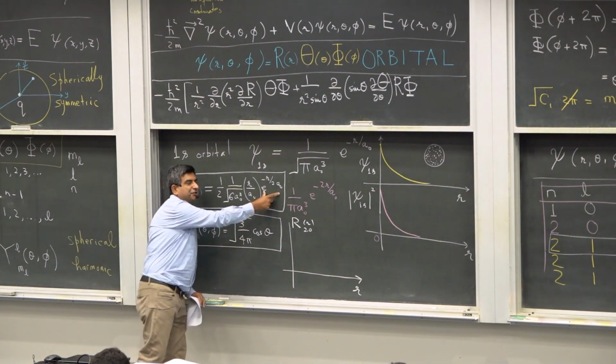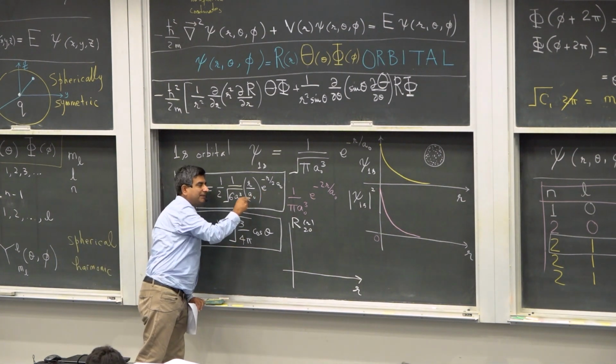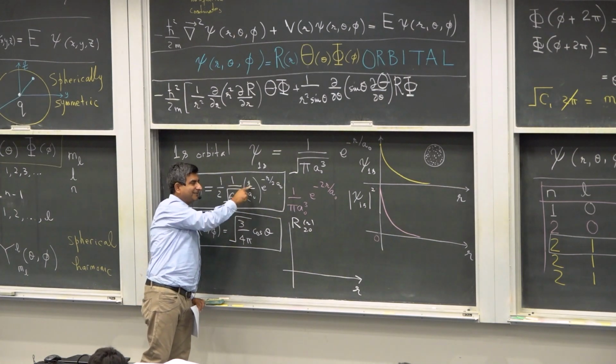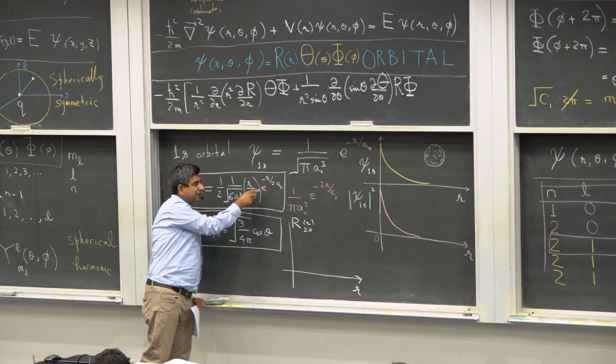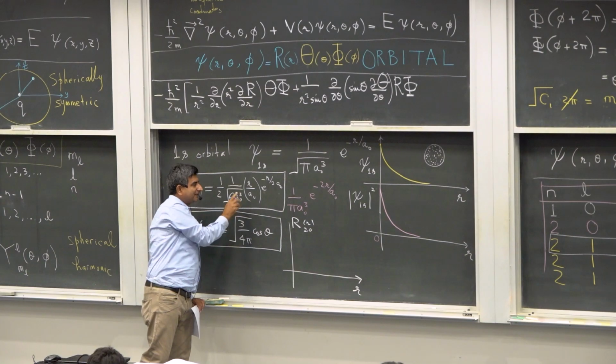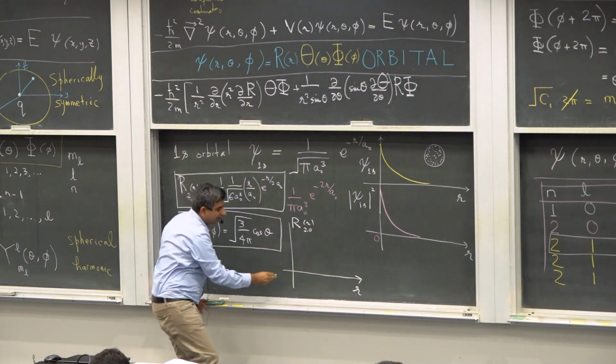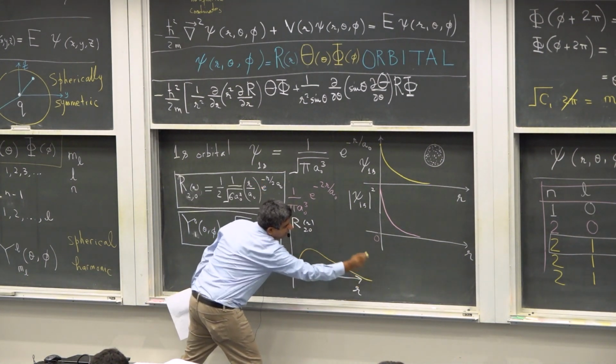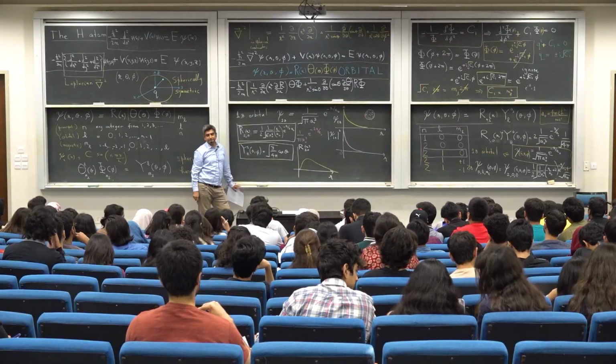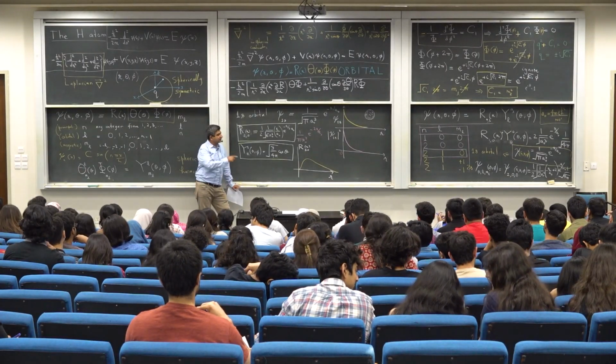So this is an exponential, but this is a rising r. So this function is 0 at r equals 0. This gives a rising part, this gives a decaying part. So you'll get something like this. So this is a plot of r.